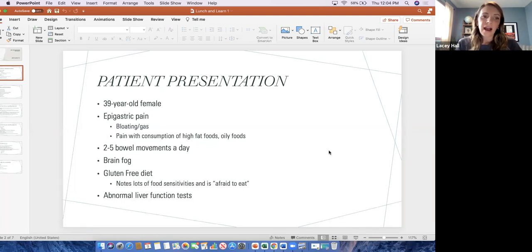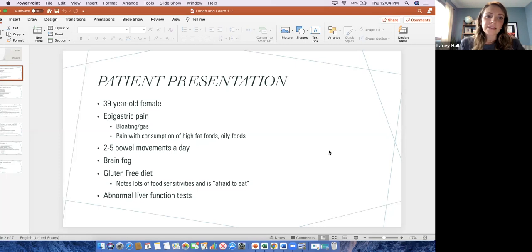She noticed a higher complaint and pain when consuming high-fat, oily foods. They did do different ultrasounds. We did look at her gallbladder. There weren't any issues. There was no inflammation. Ran other laboratory metrics, also looking at her gallbladder function and bile as well, but all was normal.